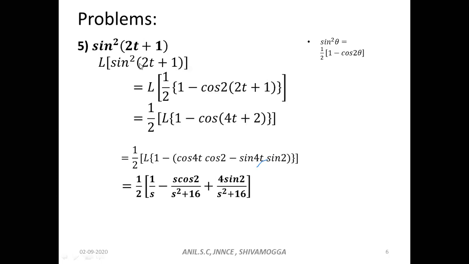Clearly, this takes the sin square theta form. And we know that sin square theta is half into 1 minus cos 2 theta, right? Therefore, L of sin square theta, here theta is 2t plus 1.